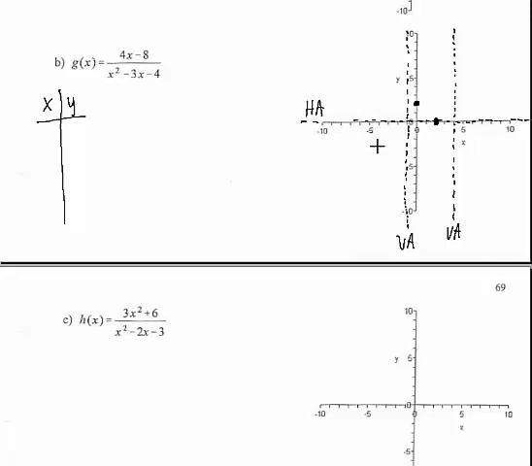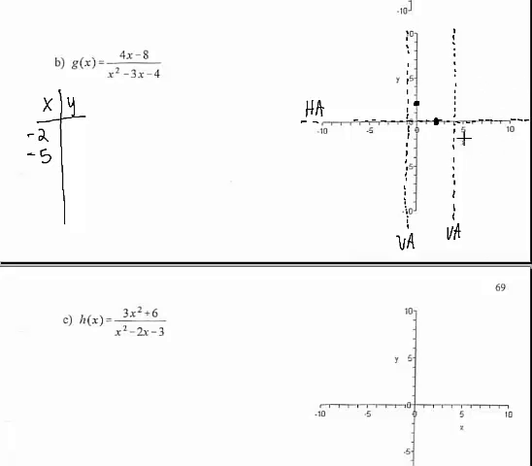But I want 2 points here on the left and 2 on the right. So I'm going to pick some numbers. I'll pick one kind of close on the left of the first vertical asymptote, and that is negative 2. Then I'll pick one a little further away, negative 5.